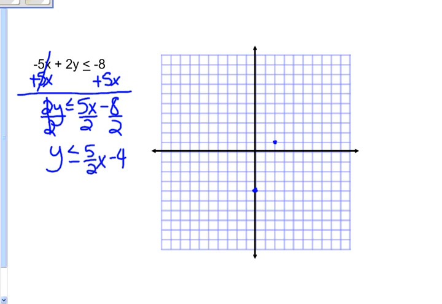All right, so once we've done that, once again, we look back at our inequality symbol, which is a less than or equal to. Because it has the equal to bar, we can draw a solid line. And because it's less than, once again, we will end up shading down. And you just shade that entire area.